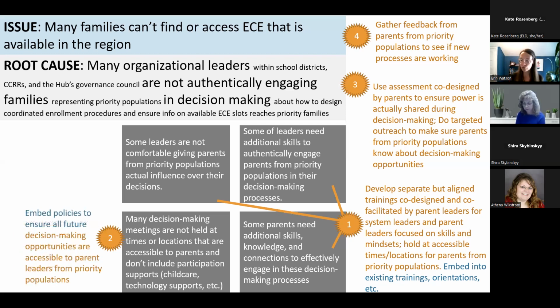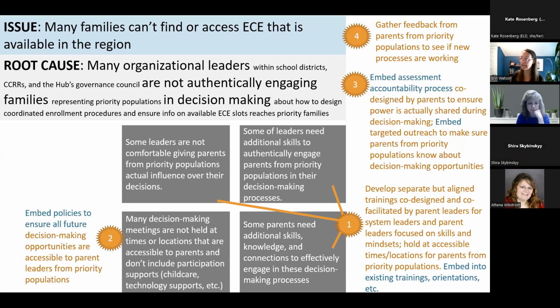With number 2, you're going to embed policies to ensure that any decision-making opportunity is accessible, so it's not just a one-time thing. Instead of saying, hey, let's make our next hub partnership meeting more accessible, you actually have a policy on the books that requires any new meeting to be accessible.